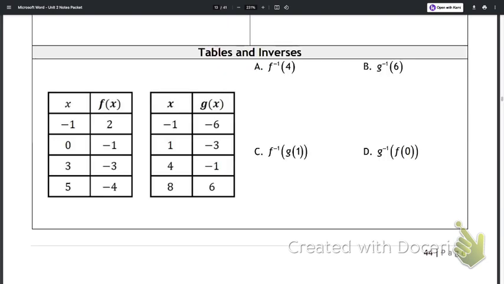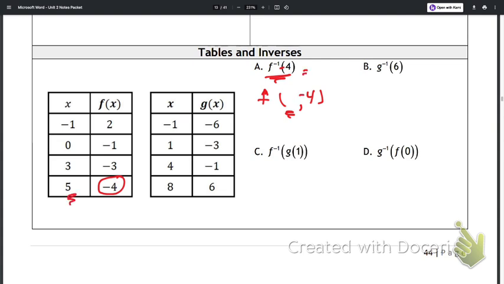Okay, so on this next part, we've got the inverse of 4. So what that means is that my y value here for the original function, for just plain old f, my y value is 4, and we're trying to figure out what the x is. So if I go over here to the f function, oh, we made a typo. That should be a negative 4. So we go over here to where negative 4 is, and the x value is 5.